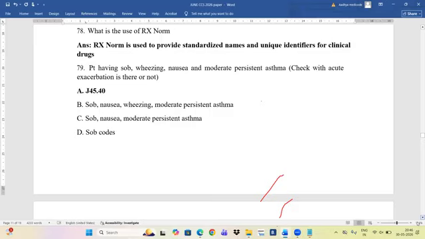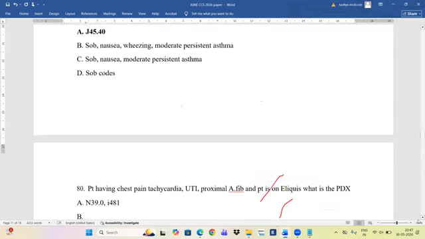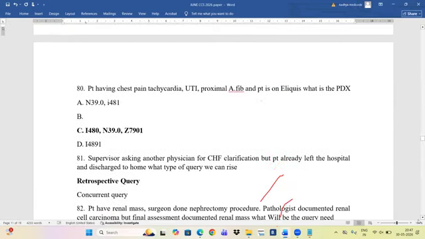Only persistent asthma is enough because shortness of breath, wheezing and nausea are symptoms. While you are coding asthma, check with exacerbation or without exacerbation.